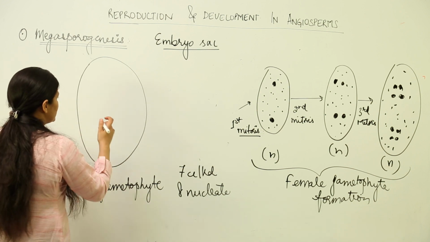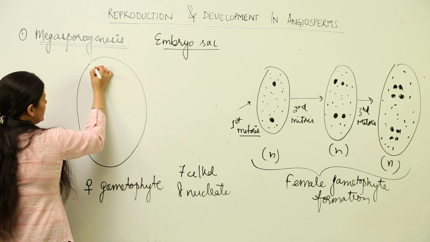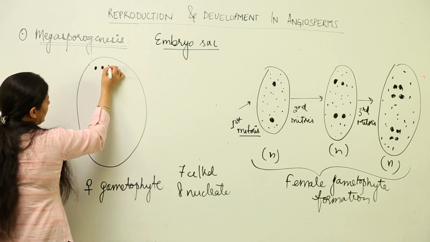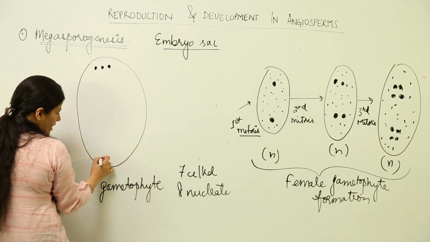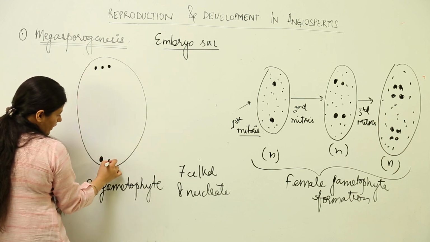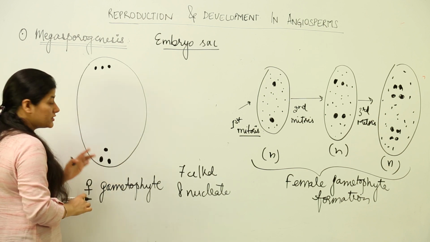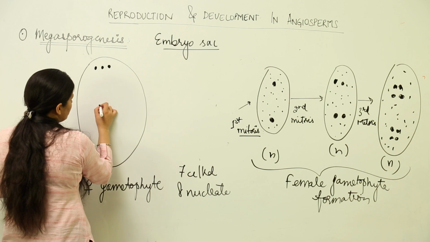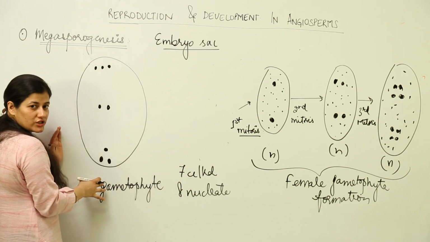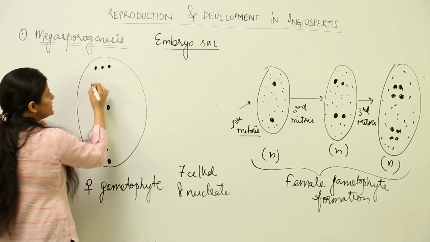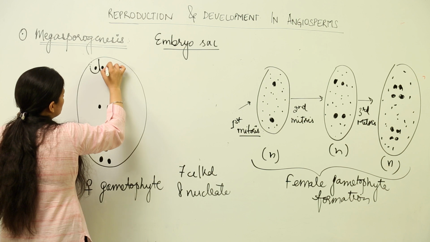So, what happens is that these 8 nuclei arrange themselves in a manner that 3 go to one end, okay, that side where chalaza lies, and 3 come to another end, that side where micropyle is present. 2 remain in middle, okay, and as they arrange themselves, there is formation of cell wall around each nucleus.